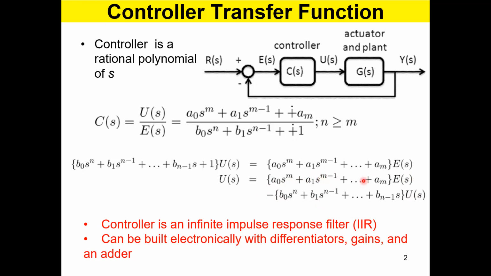On the right hand side, now you see the error and control signal U(S) in the Laplace domain, and on the left hand side, it is U(S). So this is what we need to implement on real hardware.